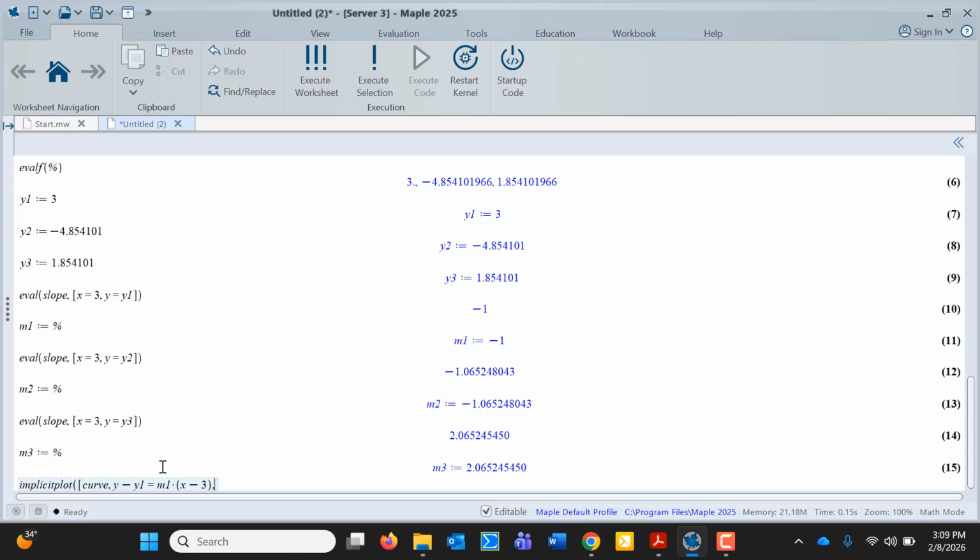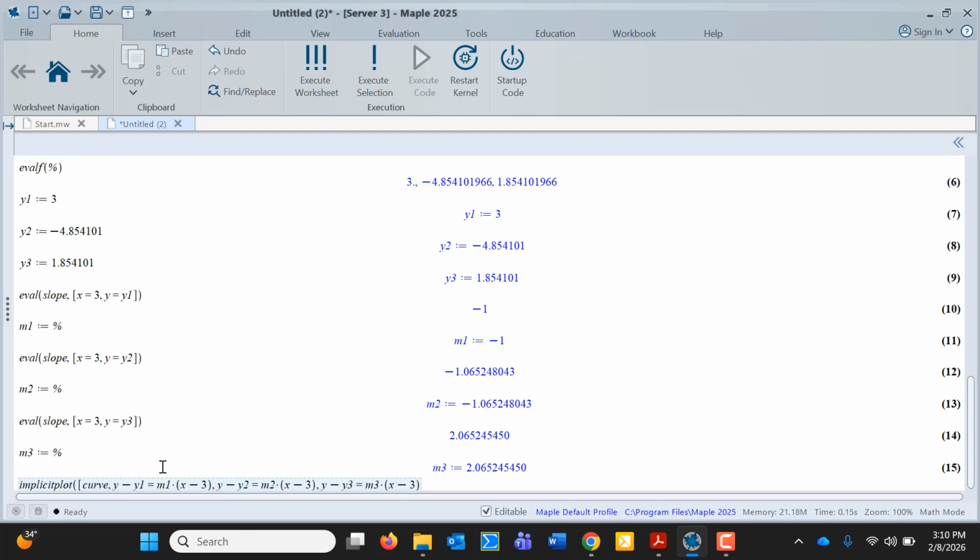So the second tangent line would be y minus y2 equals m2 times parentheses x minus 3. And then the third tangent line will be y minus y3 equals m3 times parentheses x minus 3.